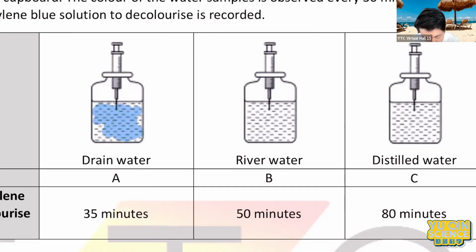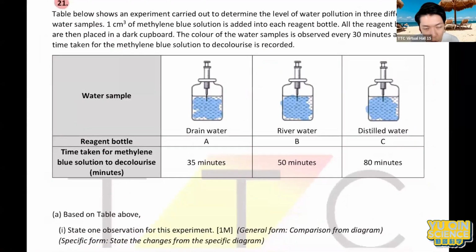Like clear water, suddenly you put in coloring, the ink slowly spreads out and the whole solution turns into the color. So now they turn into blue color.